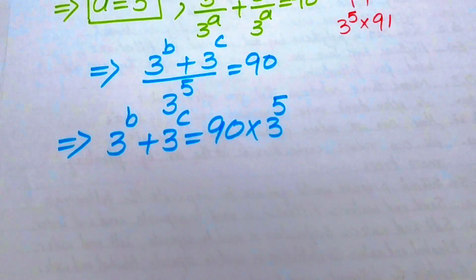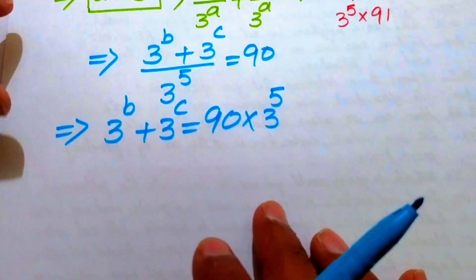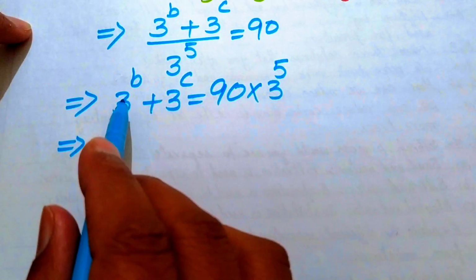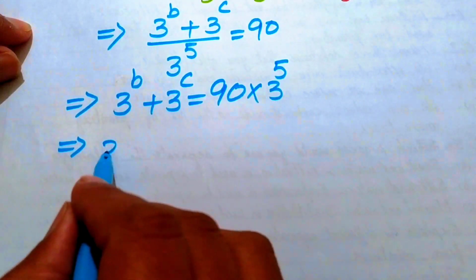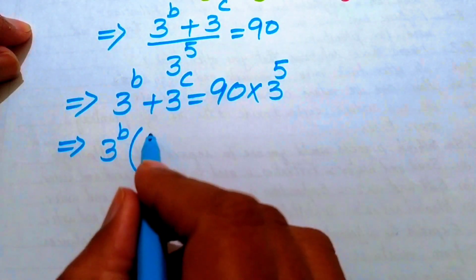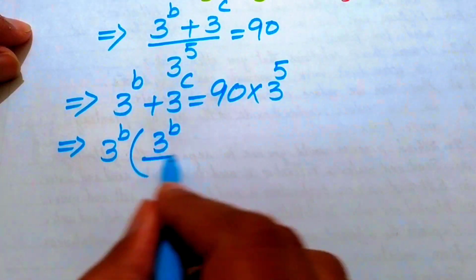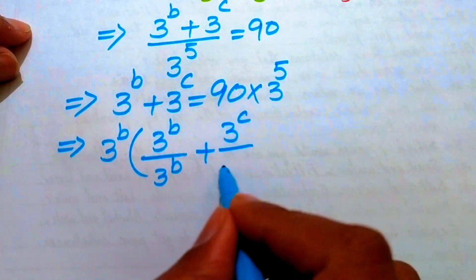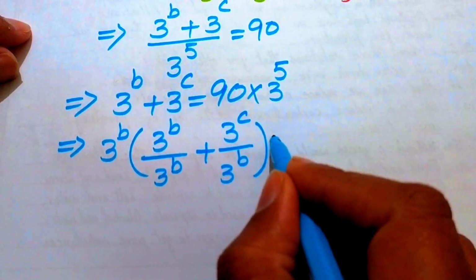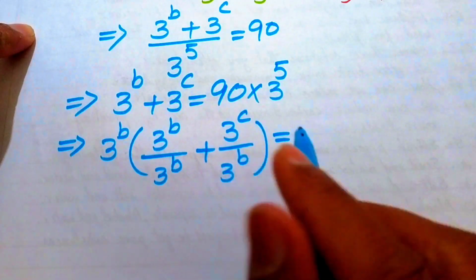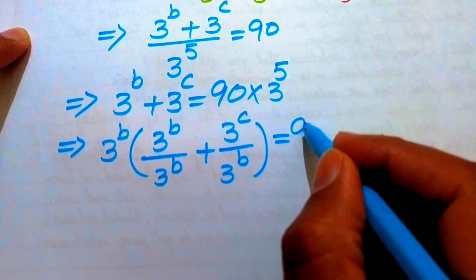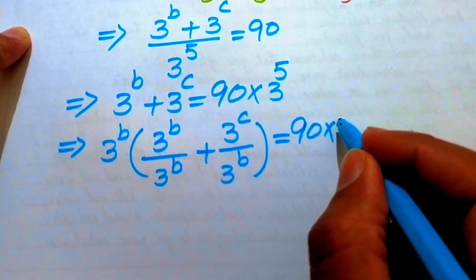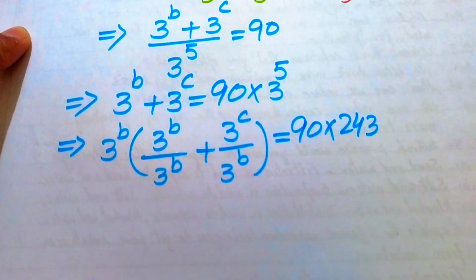So here we again take common, or we again multiply and divide by 3 to the power of b, and it will be written as 3 to the power of b into 1 plus 3 to the power of c over 3 to the power of b equals, here we have 90 multiplied by 3 to the power of 5, and you know that 3 to the power of 5 equals 243.